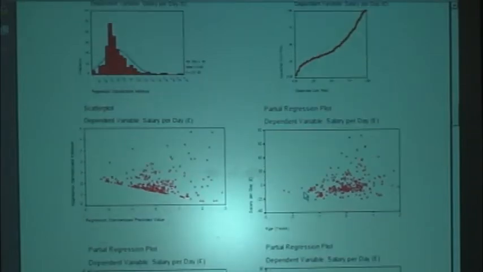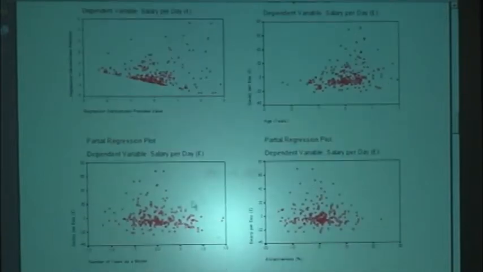And then he just did a salary plot comparing age to salary. And looks like there's a slight positive relationship, but not very good homoscedasticity there either. This is years as a model versus salary. That's attractiveness versus salary. Now those are not partial.